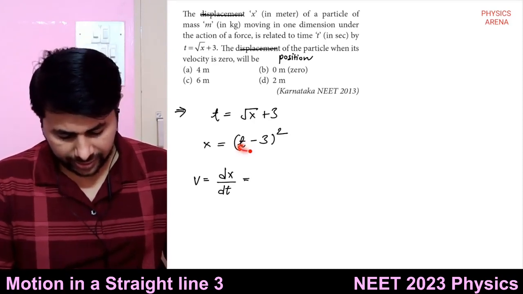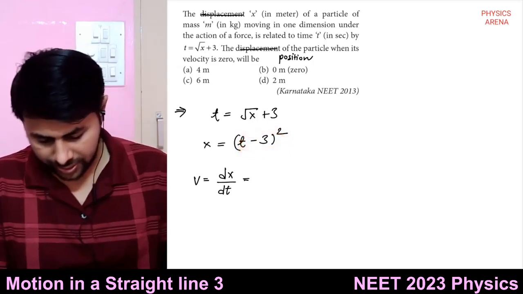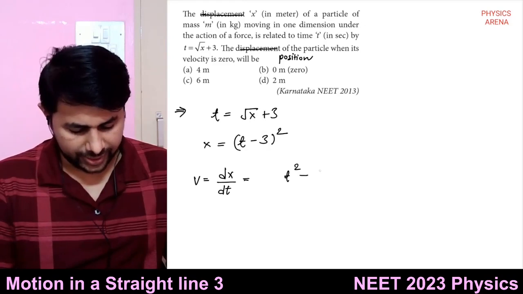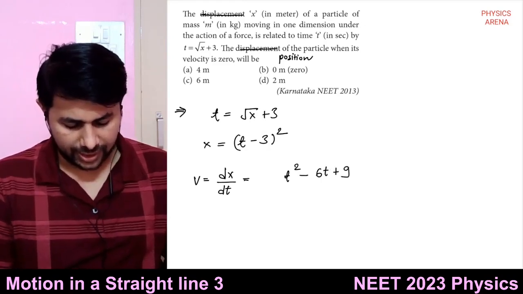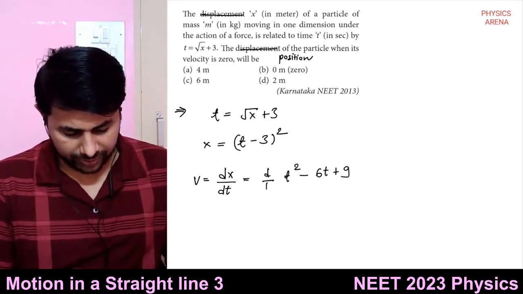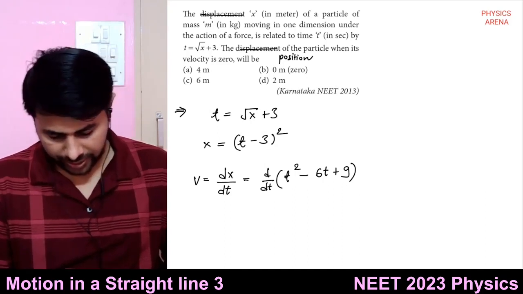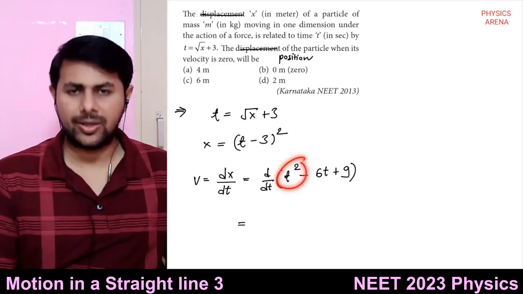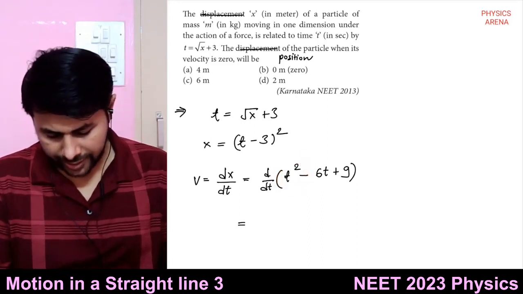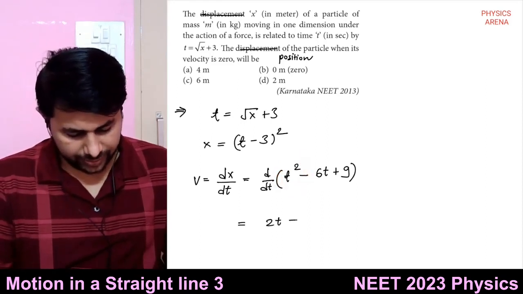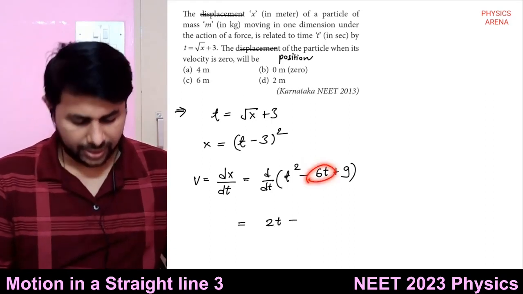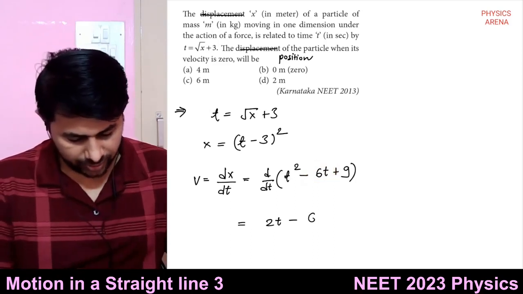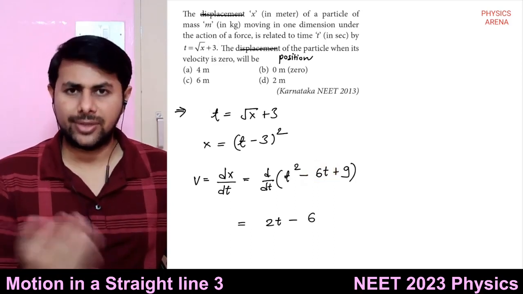But first of all, let's find out the derivative. You can take the derivative of this directly, or you can expand it. So it will be t square minus 6t plus 9, and the derivative of that: derivative of t square with respect to t is 2t, minus 6, where 6 you have taken out and dt by dt is 1.